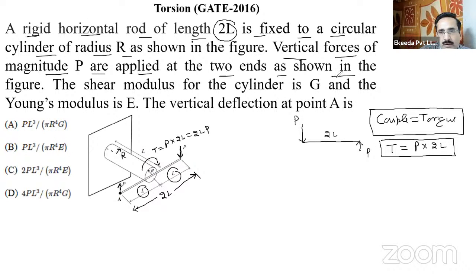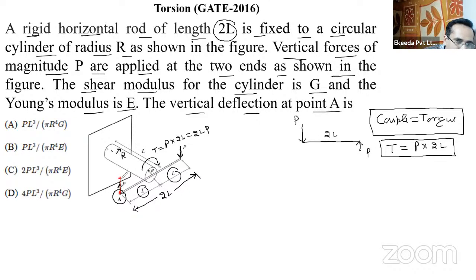At two ends, as shown in figure, the shear modulus for the cylinder is G. Shear modulus is given to us, and the Young's modulus is E. Young's modulus is given. We have to find out the vertical deflection at point A, where this point A will move, right?